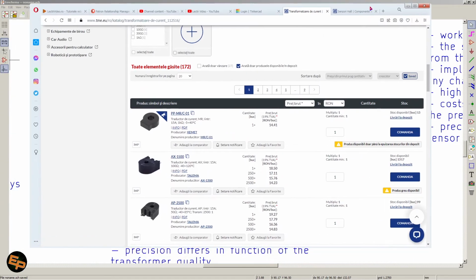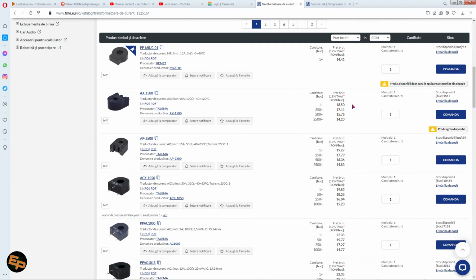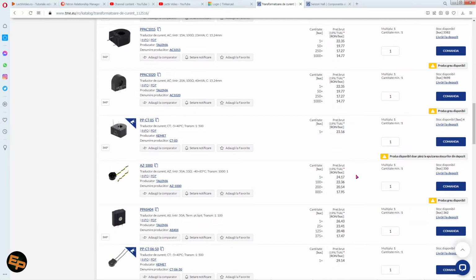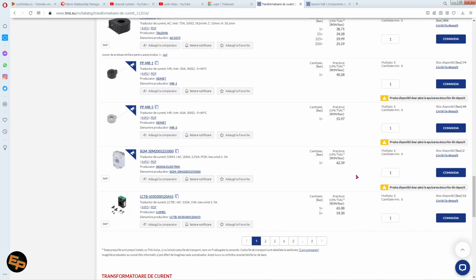Now, if I go to the nearest relatively big electronic component supplier that's relatively close to my country and also sells in my country, and I look at current transformers sorted by price and only the ones still in stock, I see that the cheapest transformer is about 3 euros, and the price goes up pretty easily.